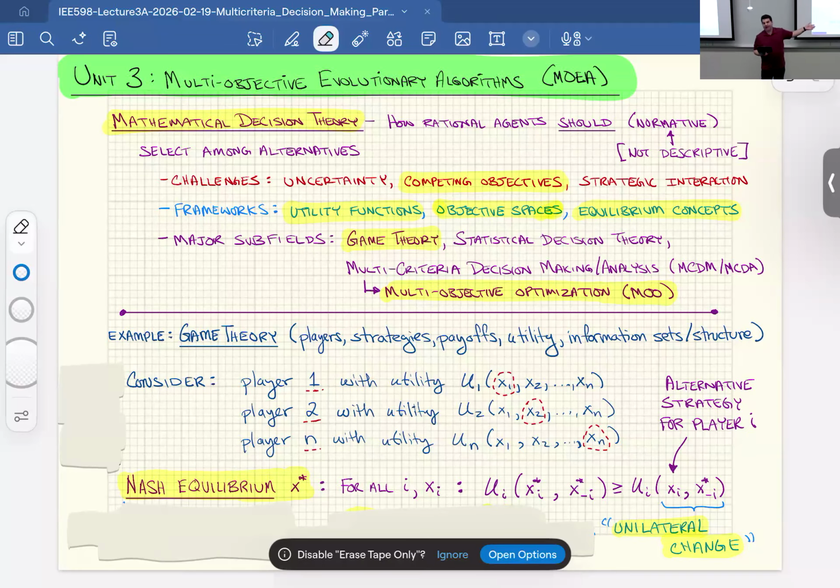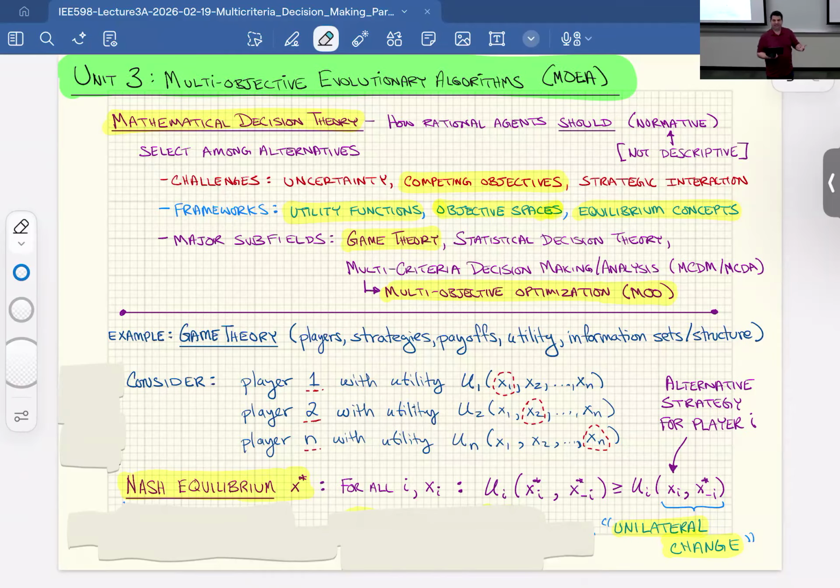If you have a game like this, then we have to say, well, what would happen in this game? And is there a notion of an equilibrium in this game? In other words, is there a notion of a set of strategies that if everybody played that strategy, the game would sort of stop? That people would stop changing their strategies. And that's the so-called Nash equilibrium.